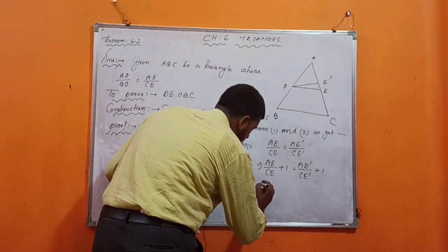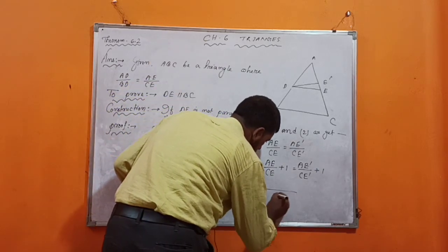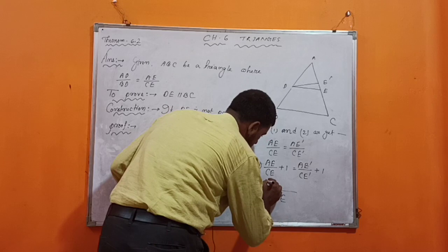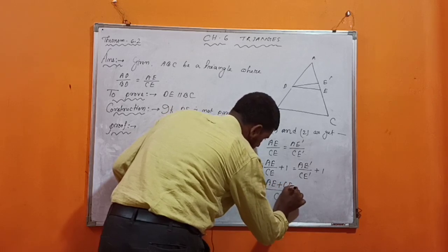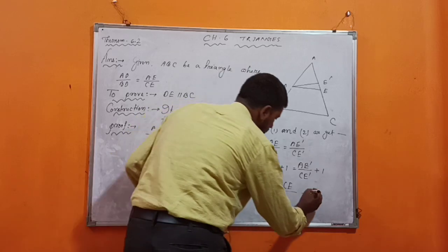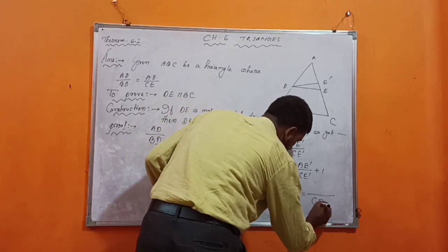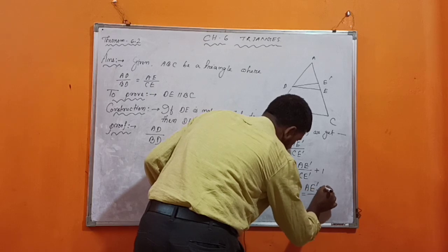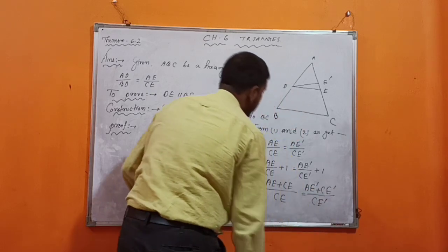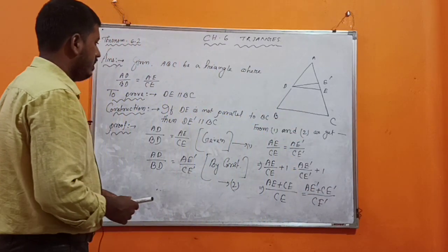Okay, now taking LCM, here the LCM will be CE, so this will be AE plus CE, and then after this portion CE dash will be the LCM, this will be AE dash plus CE dash.